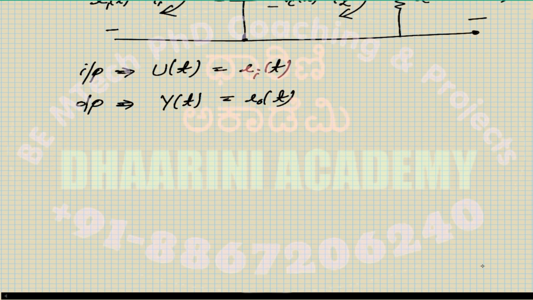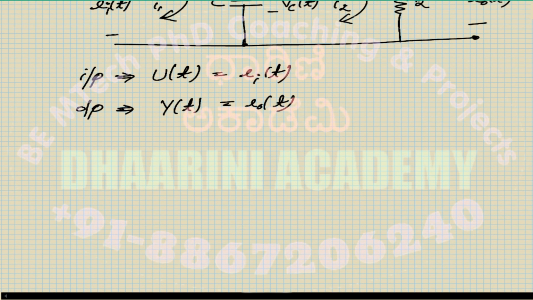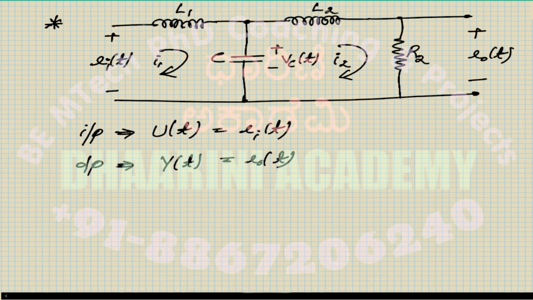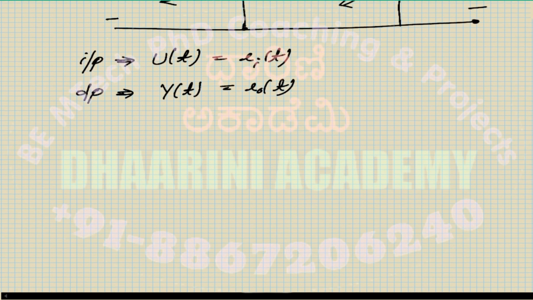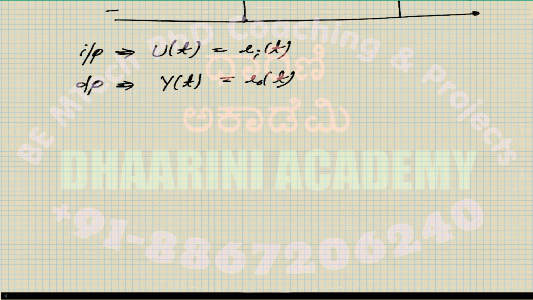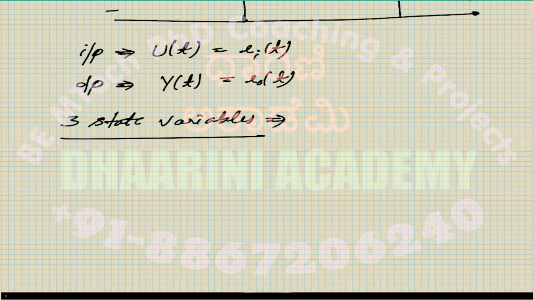Then find the state variables. How many energy storing elements do we have? Three, so we have three state variables. Let me give this notation. x1 of t, I will consider the first inductor, I1 of t.